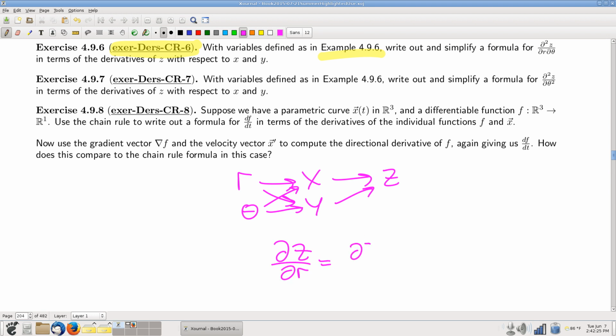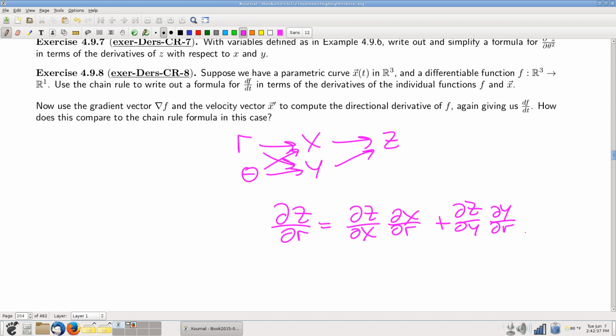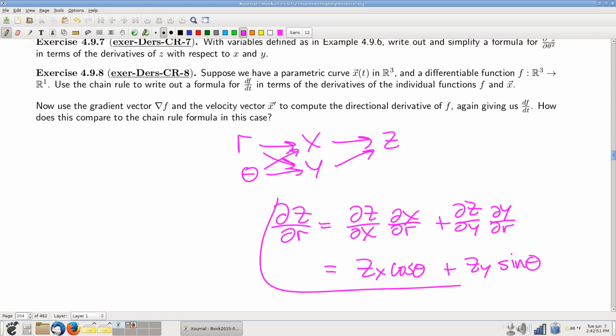That's partial of z with respect to x, partial of x with respect to r, plus partial z with respect to y, partial y with respect to r, which if you write down shorthand notations and remember that x is r cosine theta, etc. You have this. So this is going to be our starting point.